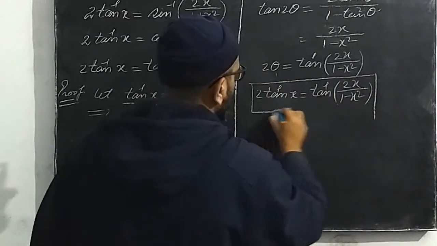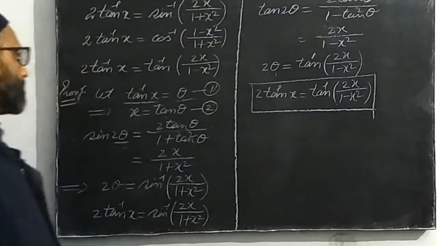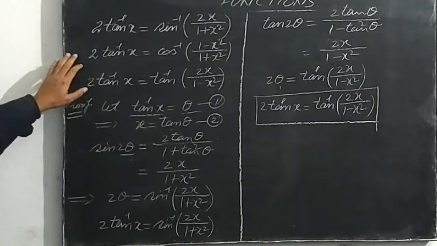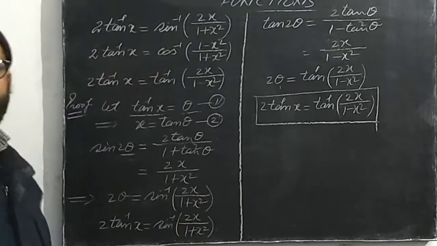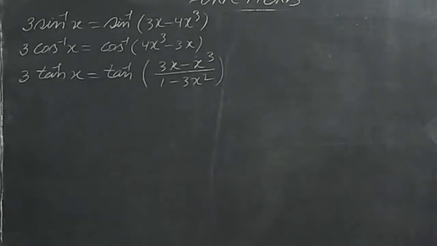So this way we have proved this formula. The second formula I left for you, so you should try the second one yourself. Now the next three important formulae of inverse trigonometry are 3 sin inverse x is equal to sin inverse 3x minus 4x cube, and 3 cos inverse x is equal to cos inverse 4x cube minus 3x, and 3 tan inverse x is equal to tan inverse 3x minus x cube upon 1 minus 3x squared.